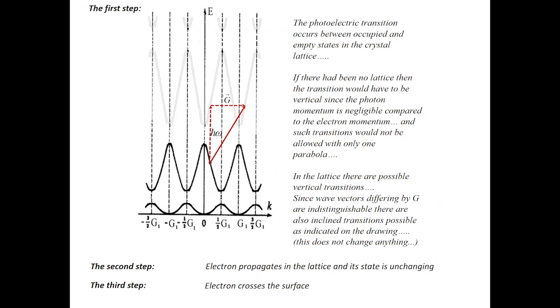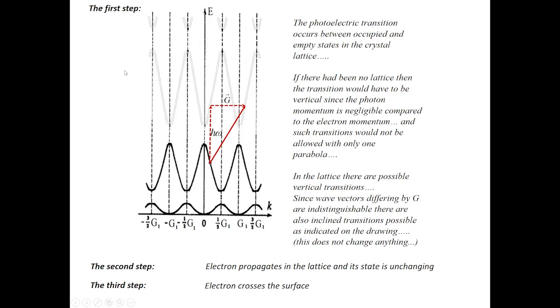So you represent this by a vertical transition from an occupied state in the solid to an unoccupied state in the solid. You can also differ between momentum vectors differing by g, so you can also have these oblique transitions here with lattice momentum involved, but actually it doesn't change anything. So it's not important. And this is the so-called three-step model.